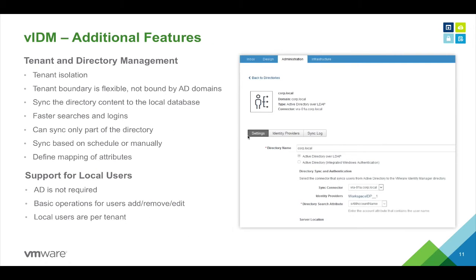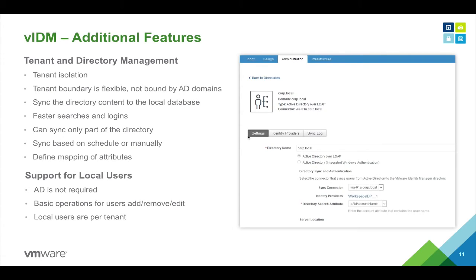And with VIDM's policy management, we can create various policies that identify exactly which users and groups are going to be consumed per tenant. We could also build a policy for advanced features like access controls. For example, I could have a user who's logging in to vRealize Automation from the on-prem enterprise network and required to log in with their Active Directory credentials.